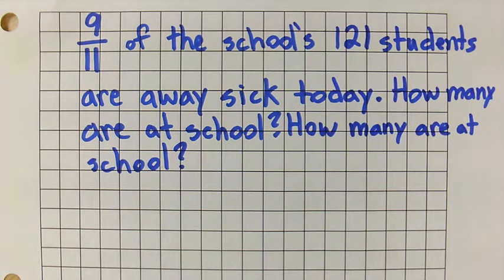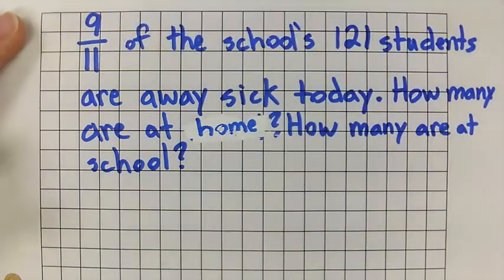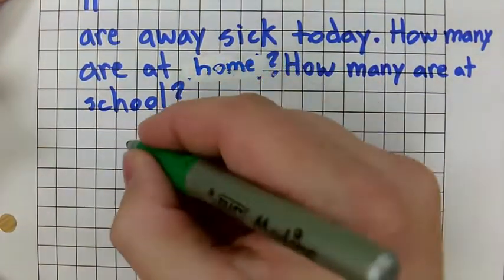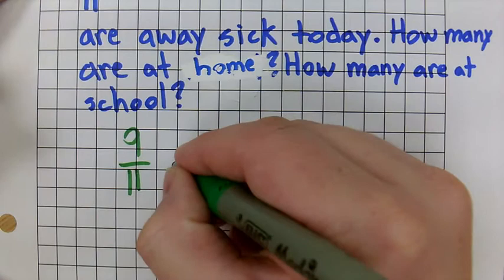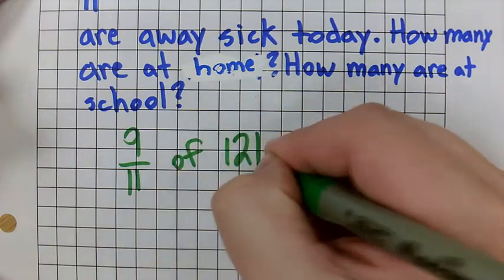I've never seen that, but it is possible. And it says how many are at school. So how many students are at school, and how many, I meant to say, are at home. How many are at home and how many are at school? So what it's asking is, what is 9/11ths of 121?